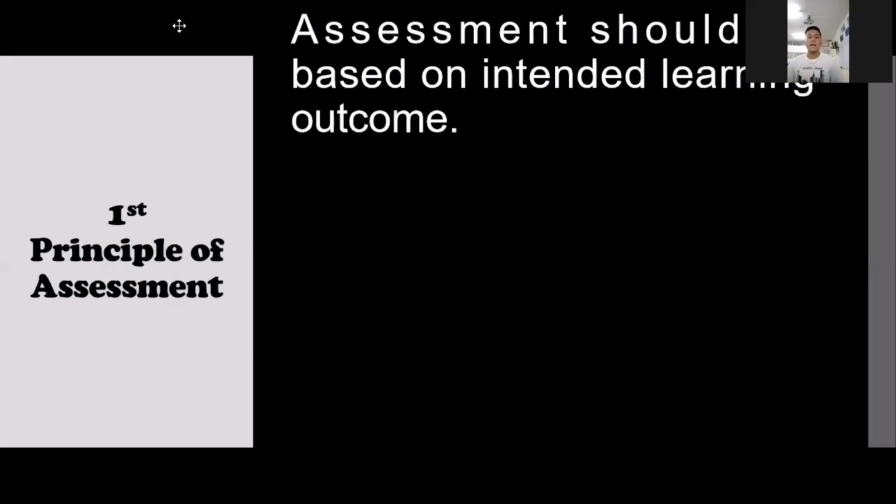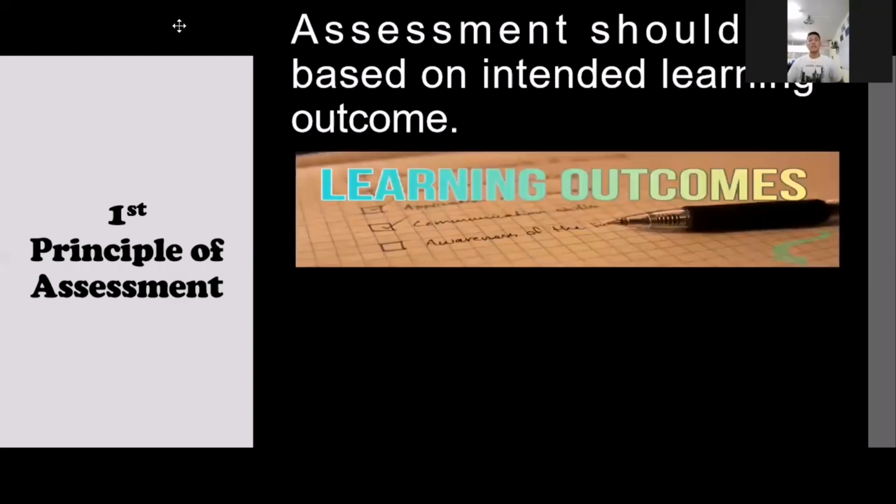So my next subtopic is to present and discuss the principles of assessment. As we all know, we have 8 principles of assessment. The first one: assessment should be based on the intended learning outcomes. From the previous slide, I presented the constructive alignment, that the teaching strategies or activities and the assessment are aligned to the intended learning outcomes.